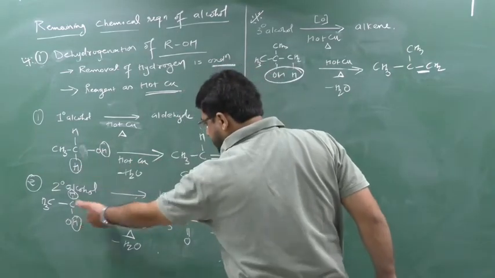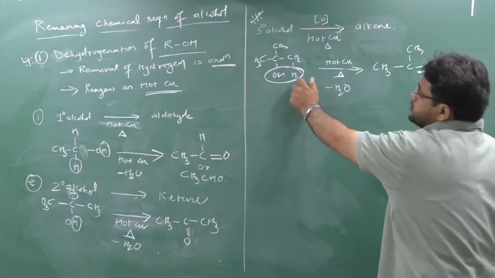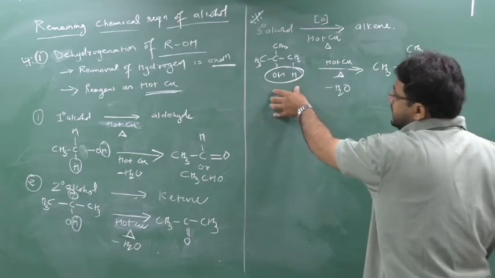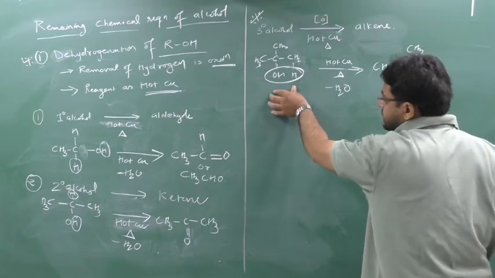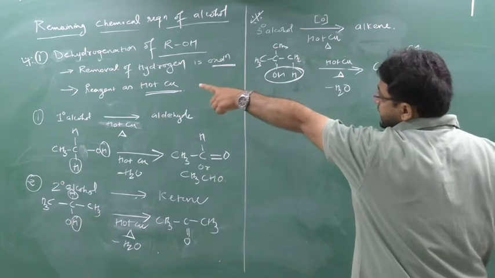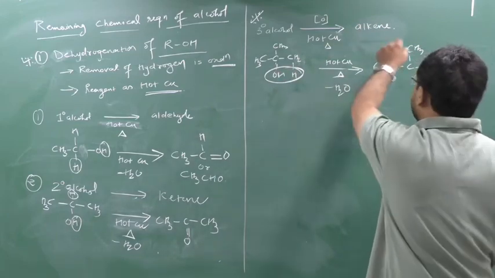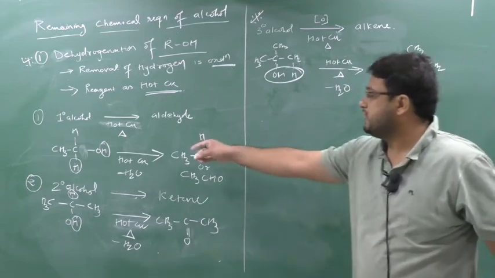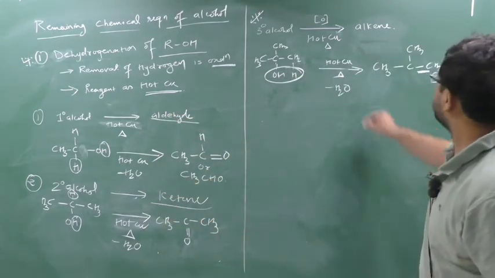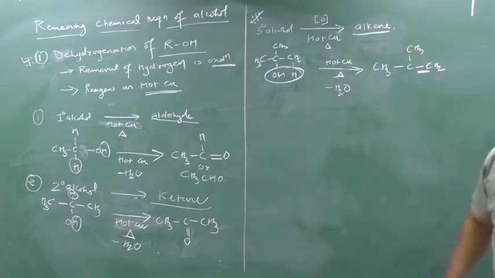Removal of hydrogen, dehydrogenation. Here also there is a removal of hydrogen, but in what manner? Instead of dehydrogenation, here we are doing dehydration, but there is a removal of hydrogen also. That's why I am telling that dehydrogenation of 3-degree alcohol will take place. How will it take place? It will generate alkene. Whereas 1 degree will generate aldehyde, 2 degree will generate ketone, but 3-degree alcohol will generate alkene.